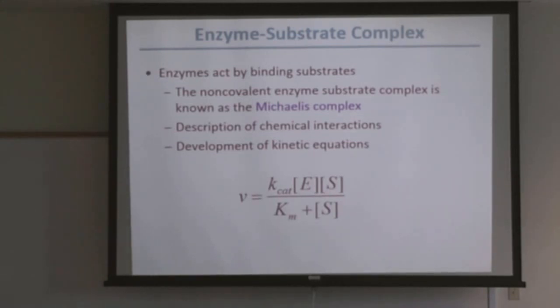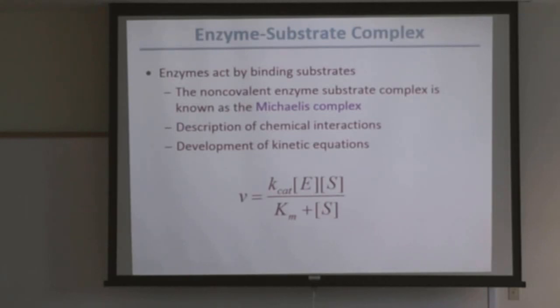So if we want an equation that tells us what the velocity should be for a particular substrate concentration, we start with a basic reaction: free enzyme plus free substrate. That forms a reversible reaction governed by rate constants k1 and k minus 1, these are little k's, forming this ES.